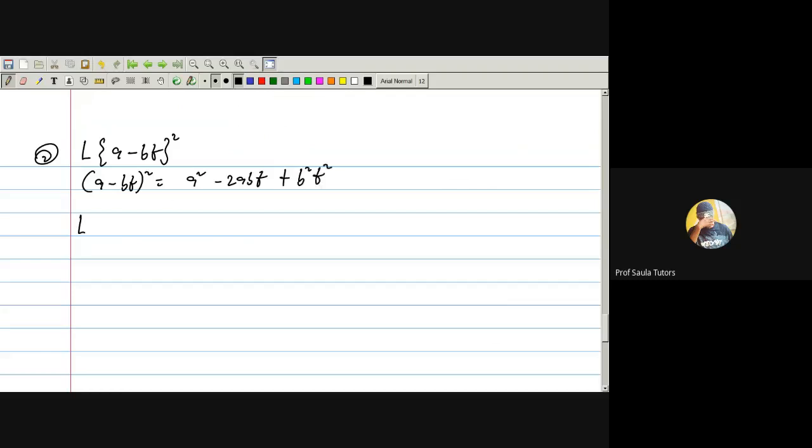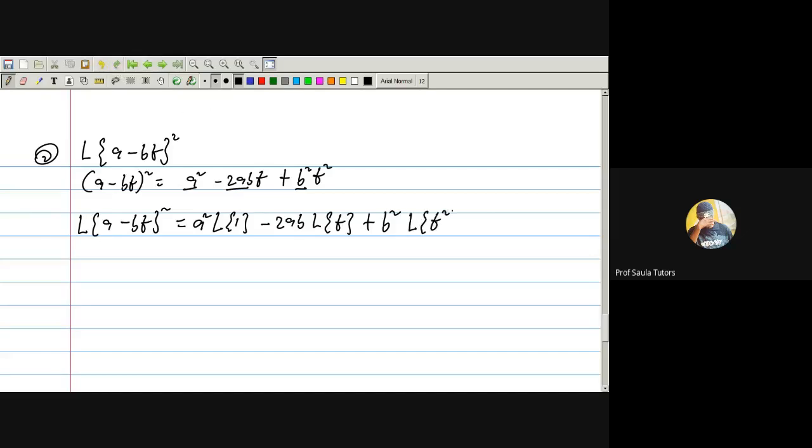So therefore, the Laplace transform of (a minus bt) all squared is equal to, if I take the Laplace of all this, remember, all these are constants. a squared is a constant, 2ab is a constant, b squared is a constant. What we are concerned about is our t. So here I will write a squared Laplace of 1 minus 2ab Laplace of t plus b squared Laplace of t squared.